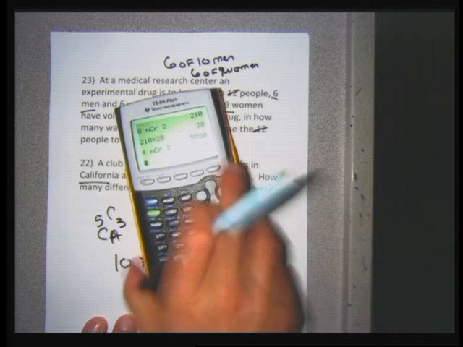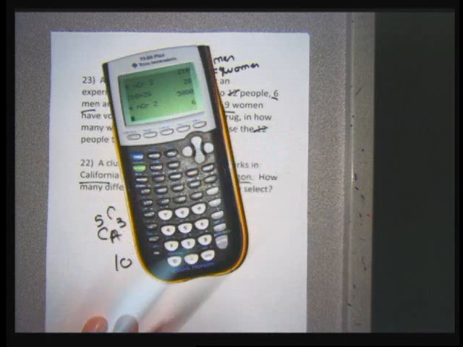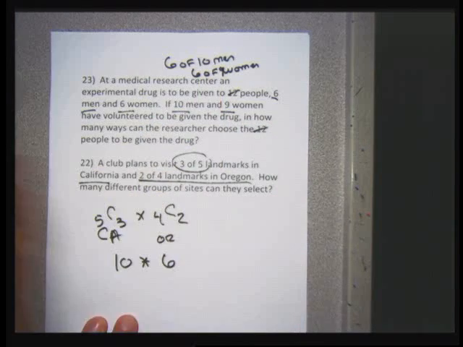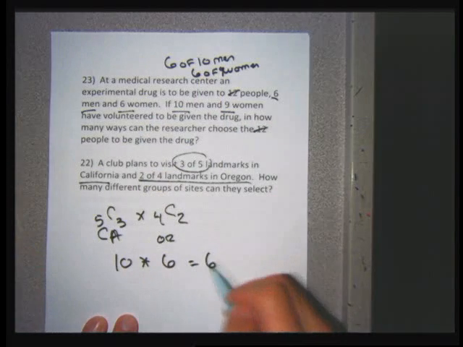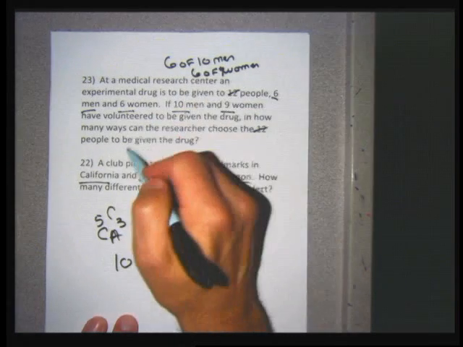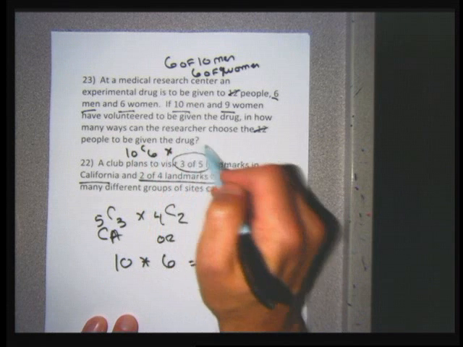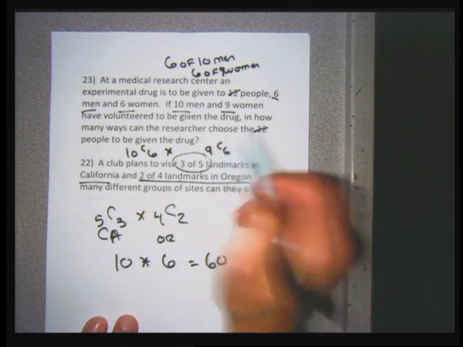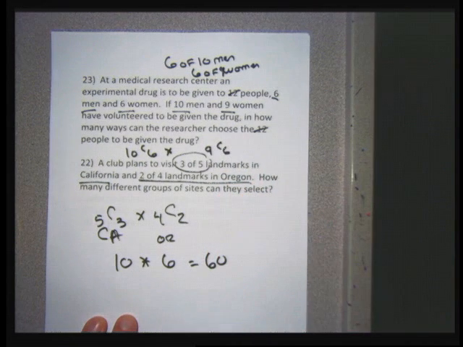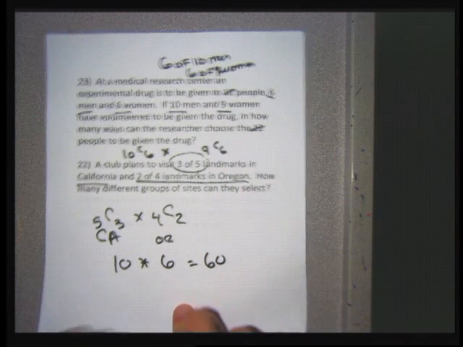Yeah. So for my problem, the answer is going to be 60. You're going to go 10 choose 6 for the men, and times 9 choose 6 for the women, and whatever those 2 individual numbers come out to, you multiply them.